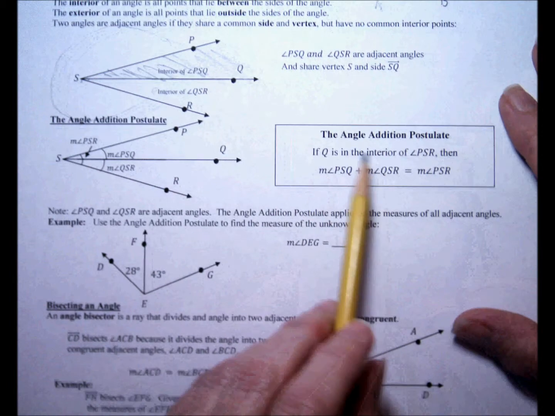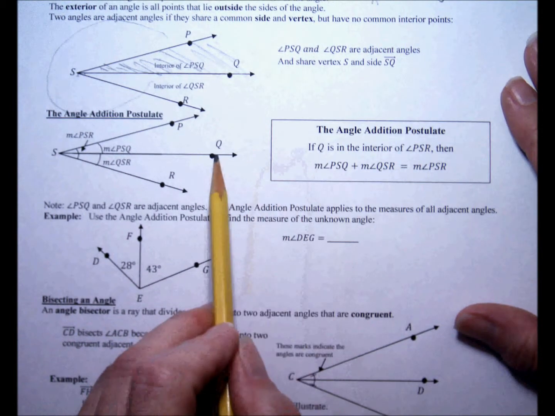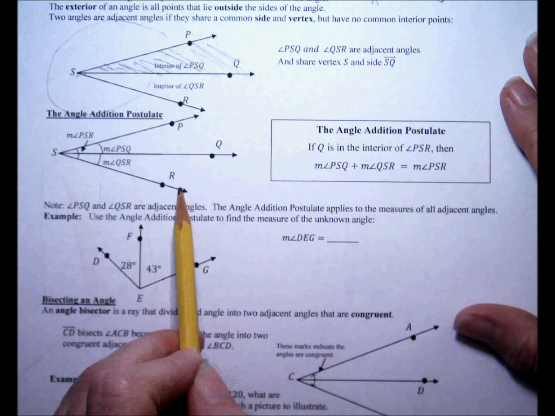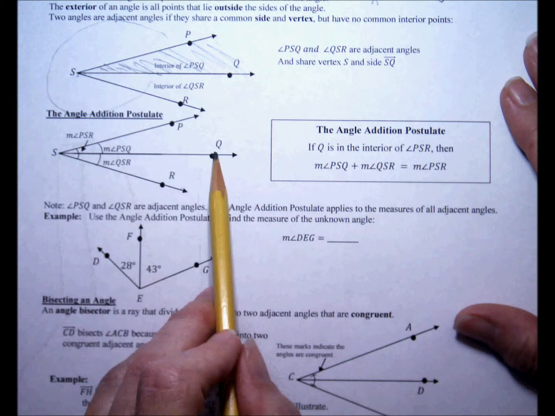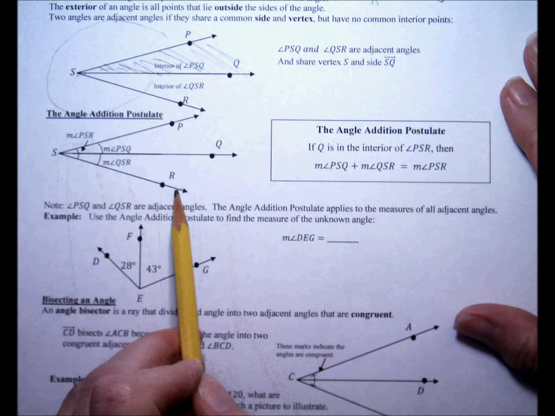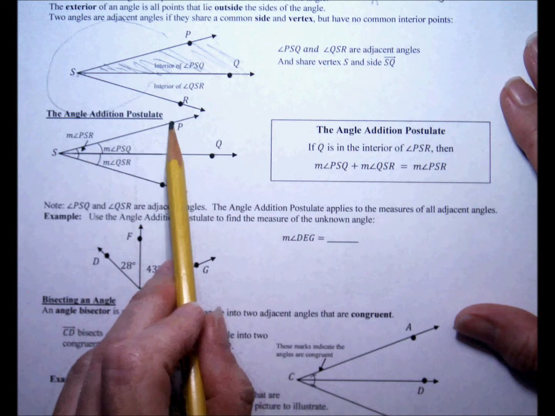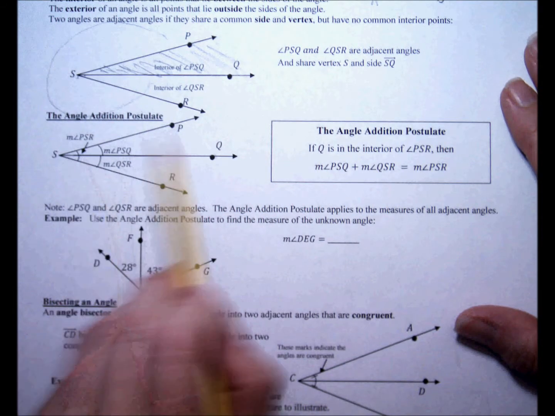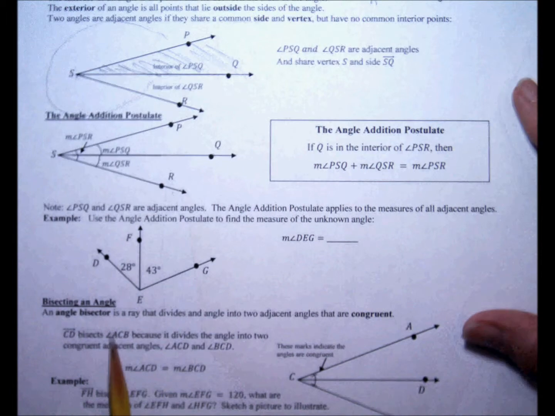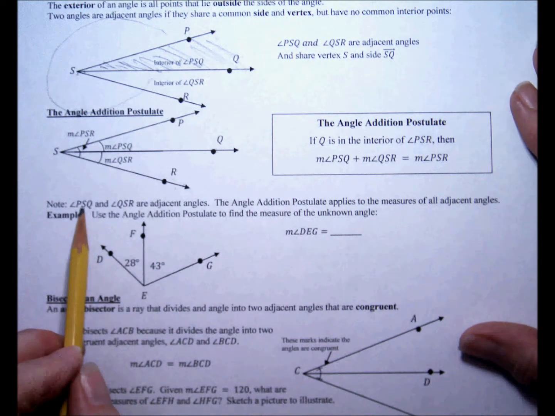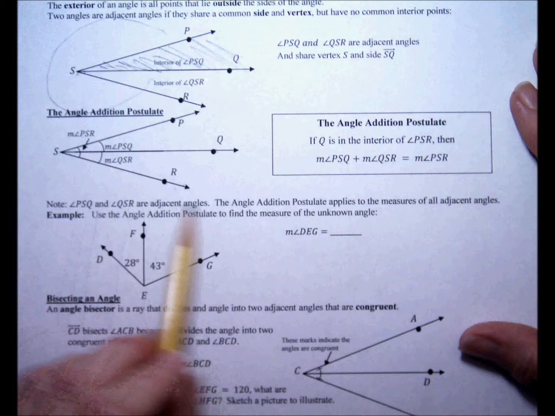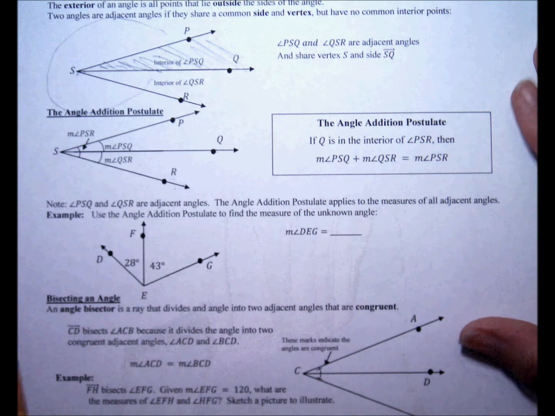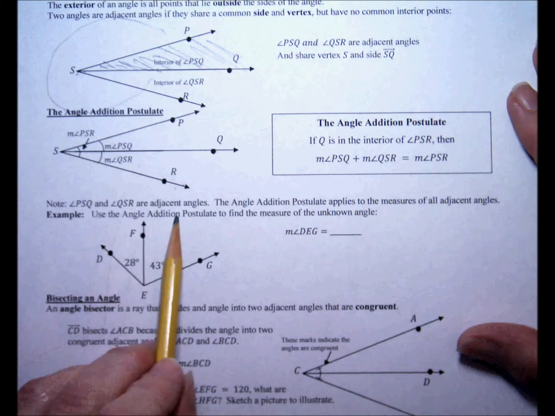In more technical terms, if Q is in the interior of angle PSR, then the measure of angle PSQ and angle QSR add to the measure of angle PSR. Basically, the neighbors add to make the combination. The angle addition postulate applies to the measure of all adjacent angles.